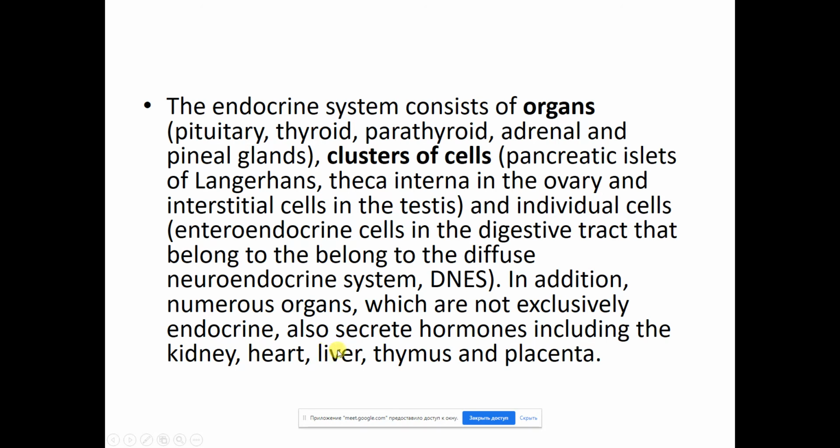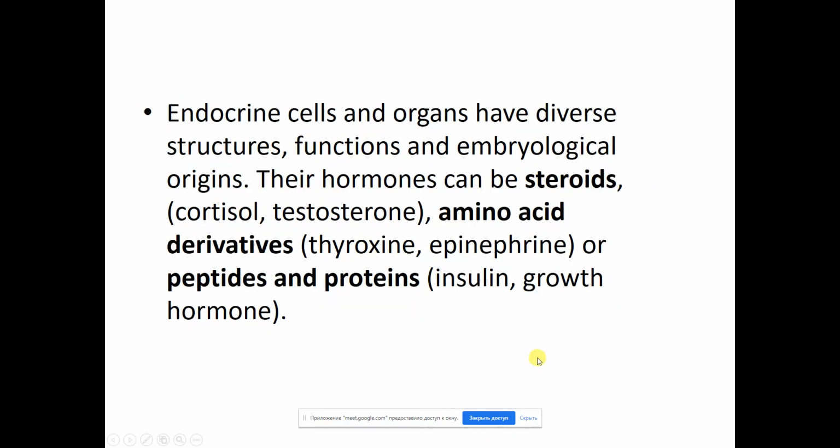Liver produces proteins like albumin, globulin, and fibrinogen. It's endocrine function of liver. Thymus produces thymosin, which causes activation of T lymphocyte differentiation, and placenta, same as corpus luteum or yellow body of ovary, produces progesterone and other hormones which are necessary for pregnant women.